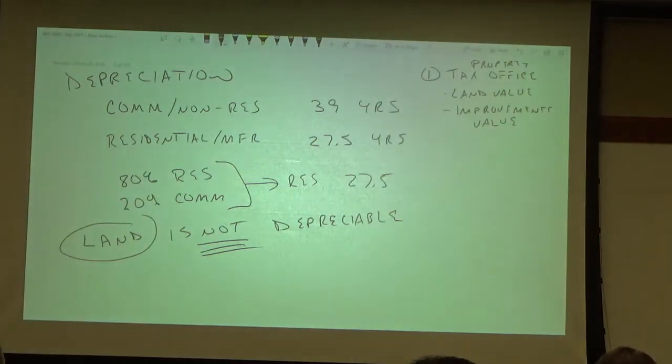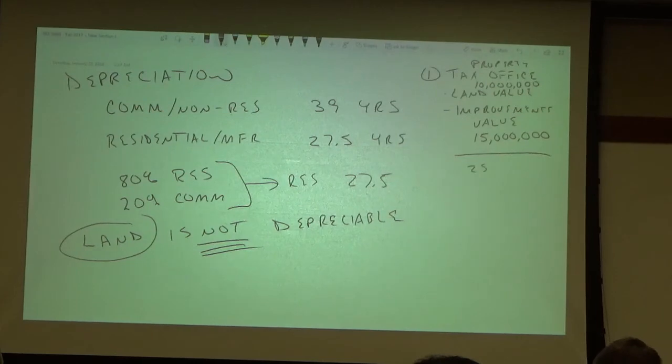So, for example, if the tax office says the land value was $10 million, and they say the improvements value is, let's say, 15 million, that means the total value is 25 million, but you paid 30 million, okay?